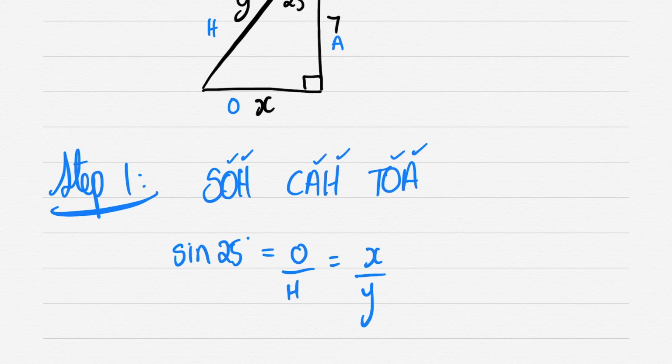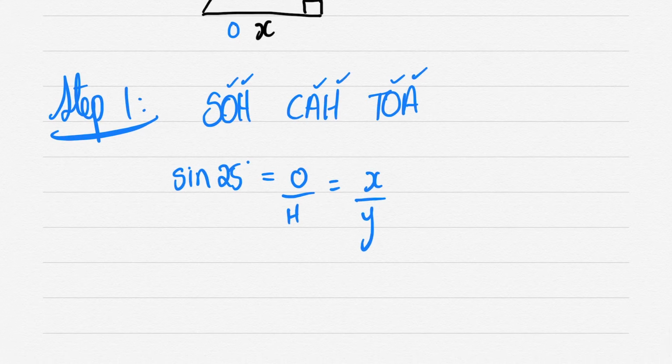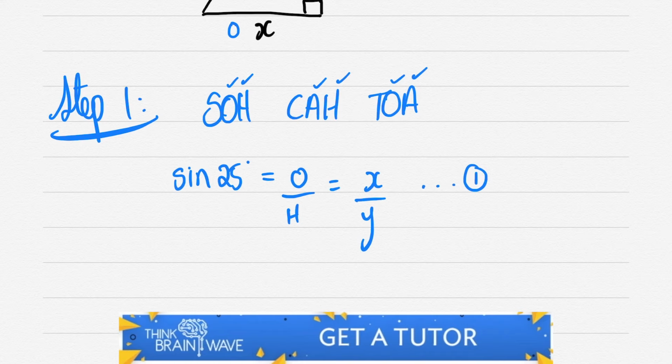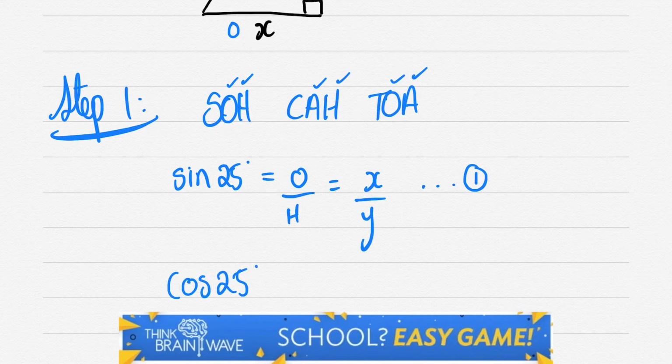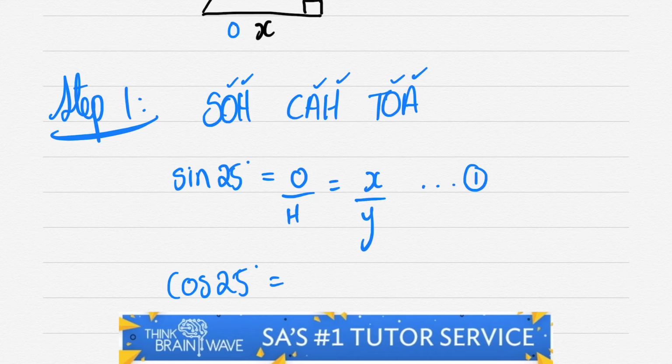This is a bit of a difficult situation, because what do you isolate? I think it would have been easier if we'd gone with cos, because you would have had your adjacent over your hypotenuse. Your adjacent is 7, and your hypotenuse is unknown. So you would have said cos of 25 degrees is equal to A, which is 7, over H, which is y, which is unknown. And you would have manipulated your equation and solved it, just like we've done over here.